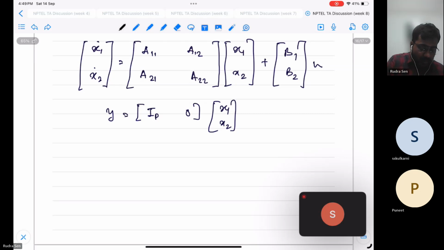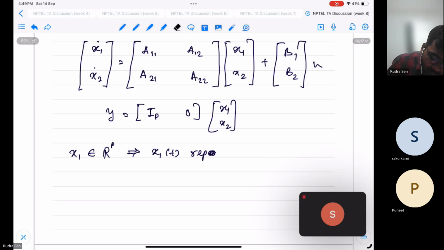This looks like a 2 by 2 block matrix. Let's say x1 belongs to R^p, which means x1 represents p number of states, and x2 belongs to R^(n minus p).